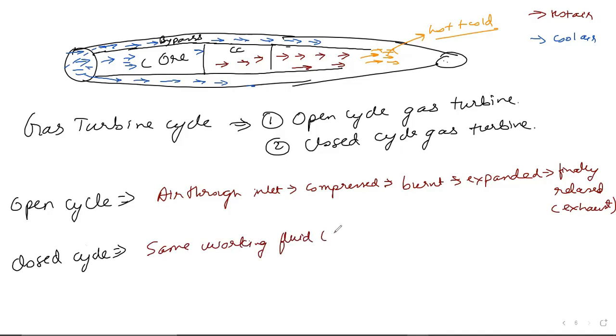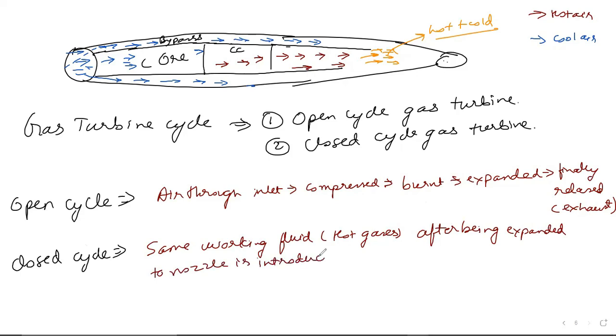The same working fluid, the hot gases, after being expanded through the nozzle, is fed back into the inlet again. So whatever air is coming out from here will again be added to the inlet.